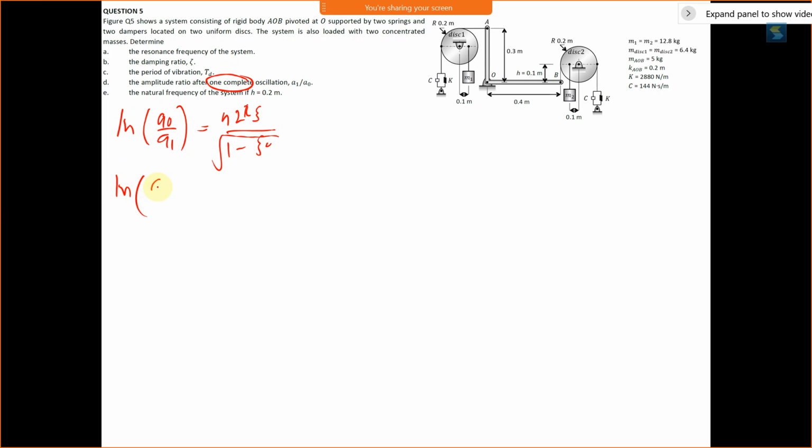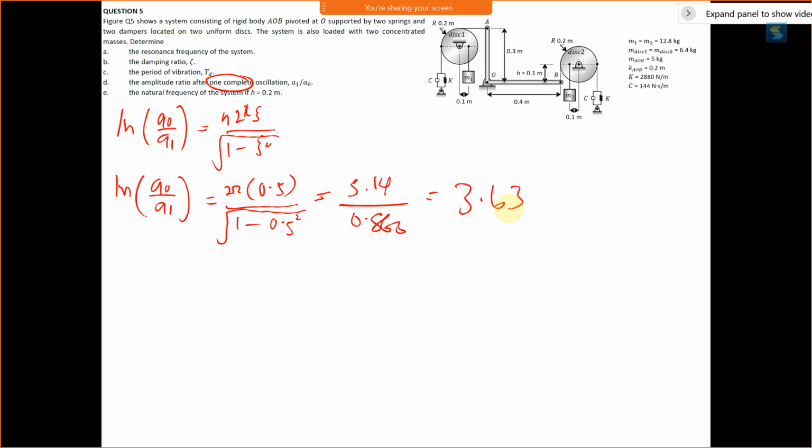So ln A0 over A1 equals 2 pi zeta. What zeta did we get earlier? 0.5 over the square root of 1 minus 0.5 squared equals 2 pi times 0.5, 3.14, divided by the square root of 1 minus 0.5 squared, 0.866, equals 3.63, isn't it? So how do we get A0 over A1?